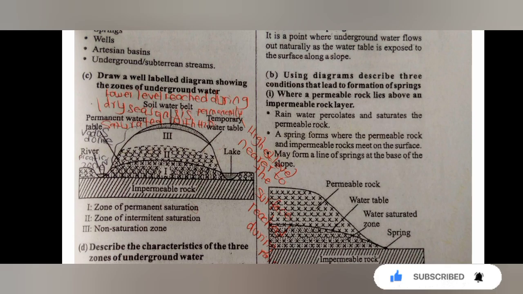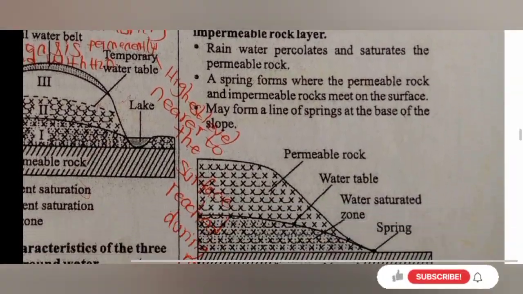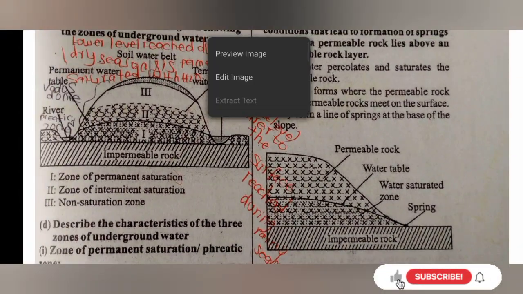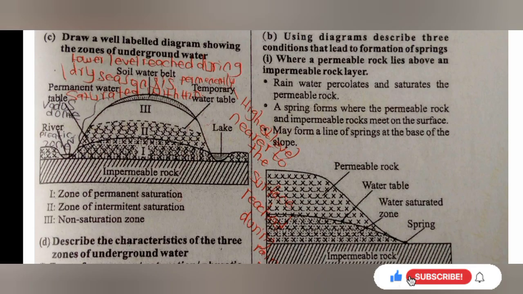From the diagram, you can see where the permeable rock lies above the impermeable rock, and rainwater percolates and saturates the permeable rock. A spring forms where the permeable rock and the impermeable rock meet at the surface, and this may form a line of spring at the base.